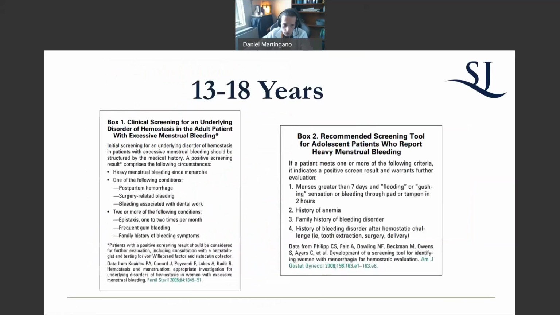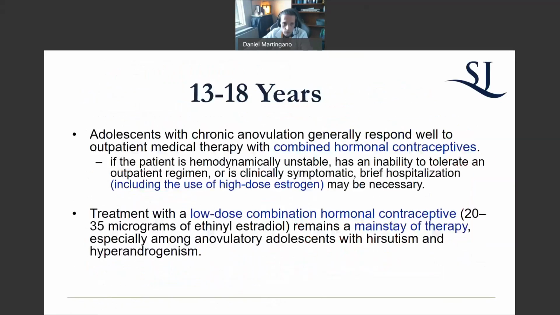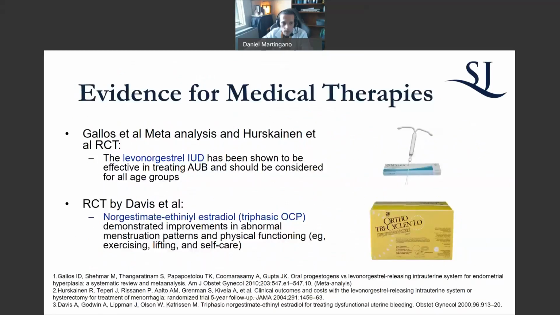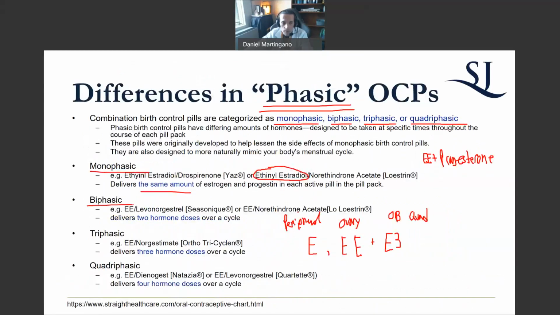So people thought, well, maybe we should make it mimic the menstrual cycle more appropriately, and that will have a better side effect profile, and that'll also give the patient the best coverage and functioning.